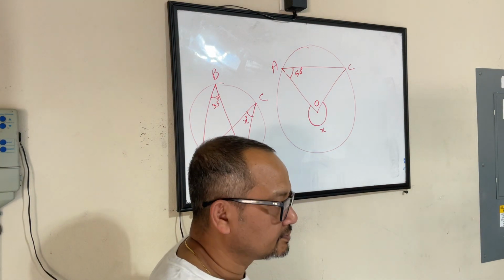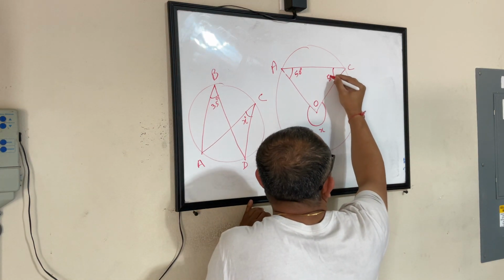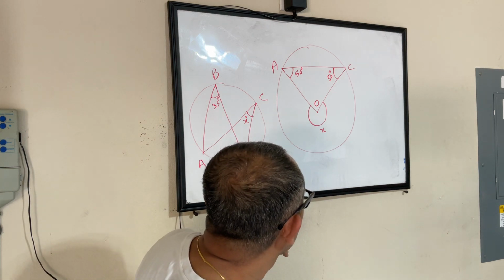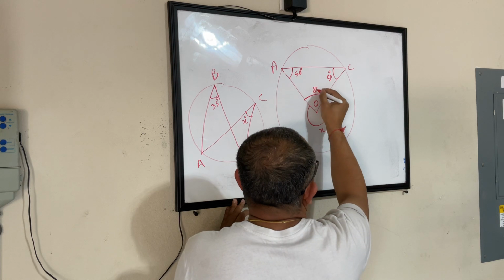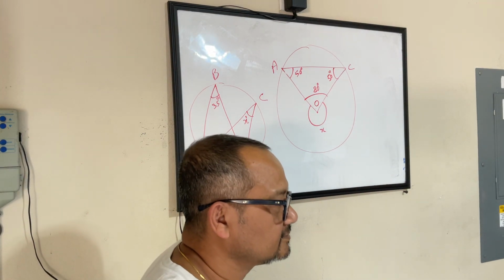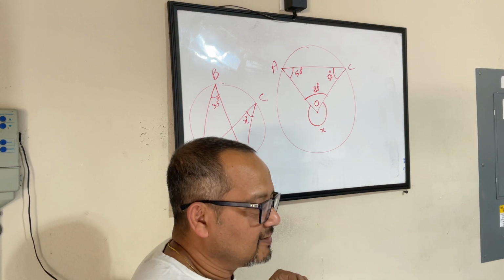So then angle C also creates a 50-degree angle, and all angles add up to 180. So we would do 180 minus 100, which gives us 80. So angle O is 80, and since the circle creates 360, it would be 360 minus 80 for x.